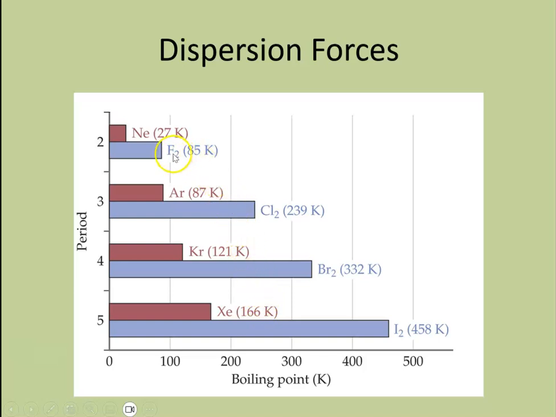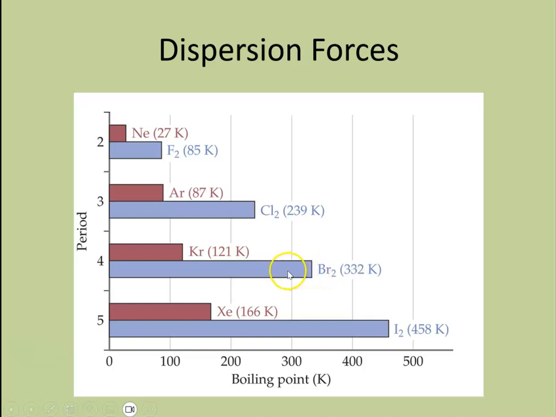What's more interesting to me is the diatomic halogens: fluorine, chlorine, bromine, and iodine. Fluorine and chlorine are gases at room temperature, but as you get up to bromine, which has a higher molar mass, more distortable electron cloud, and stronger dispersion forces, the boiling point actually is above room temperature, 332 kelvins, which is about 60 degrees Celsius.